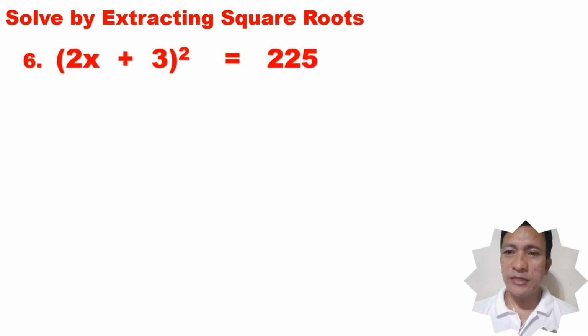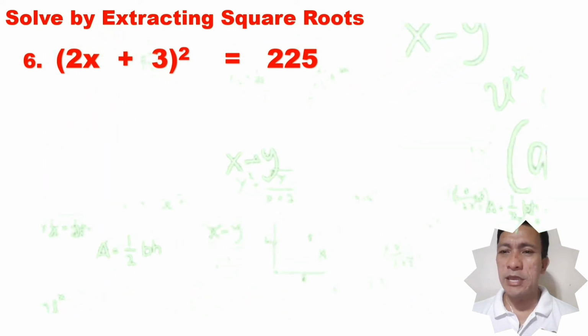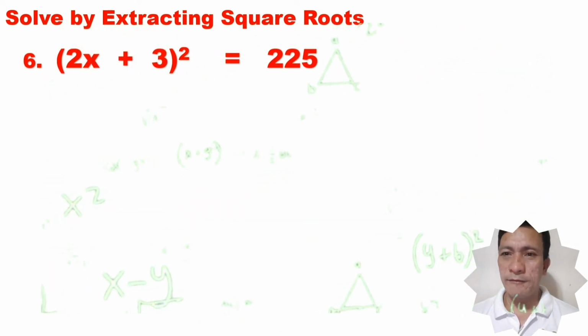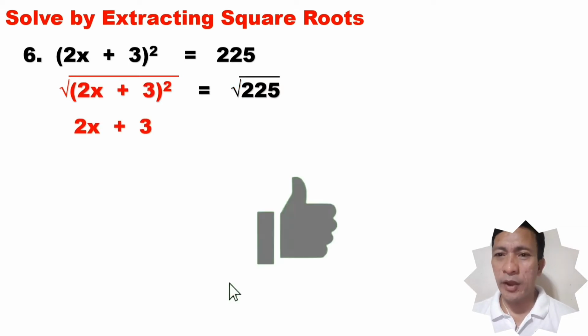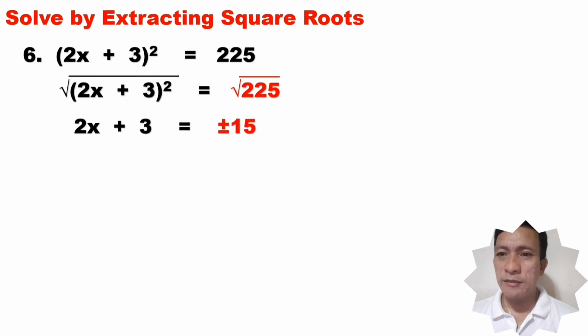Number 6. Quantity 2x plus 3 squared equals 225. Extract square root of both sides. Square root of quantity 2x plus 3 squared equals 2x plus 3. Square root of 225 is plus and minus 15.